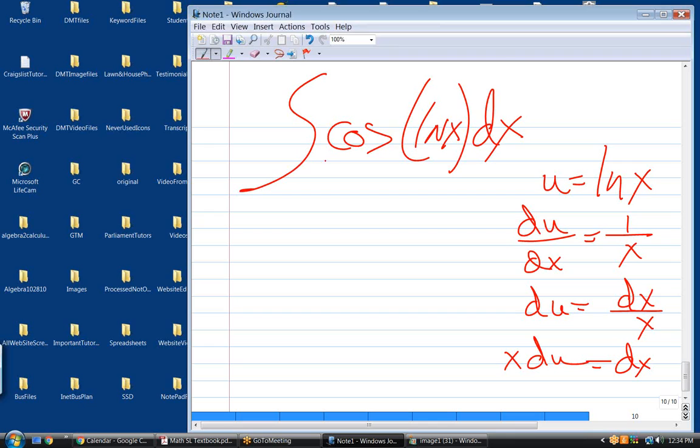Let me add something to that I didn't have in there before. In order to use u substitution, I need this x in the denominator. Why? Well, let's go through it. Cosine of u, that's what natural log x is.